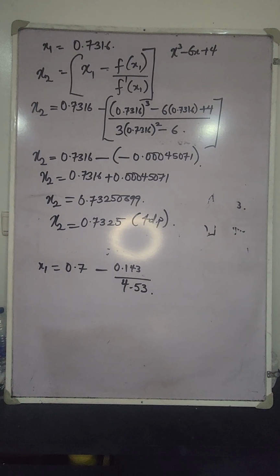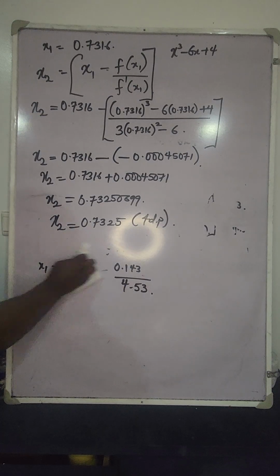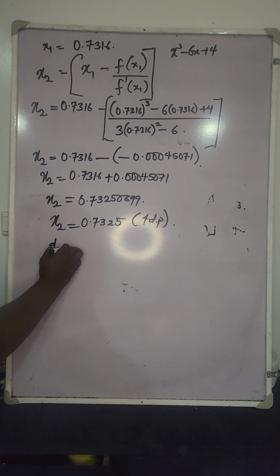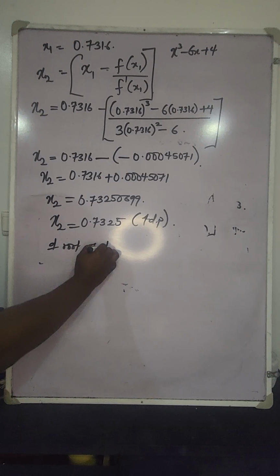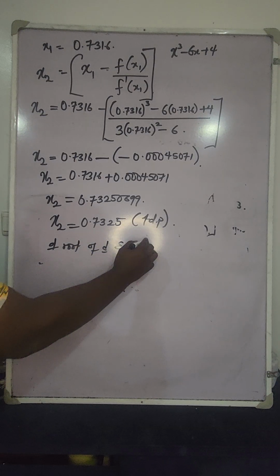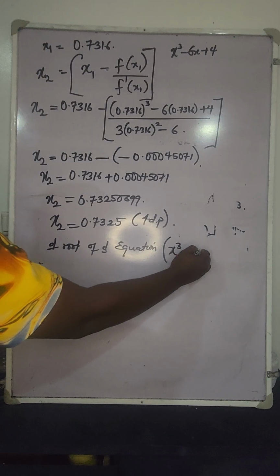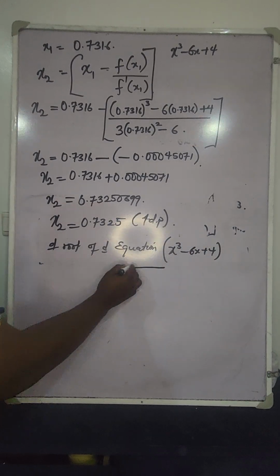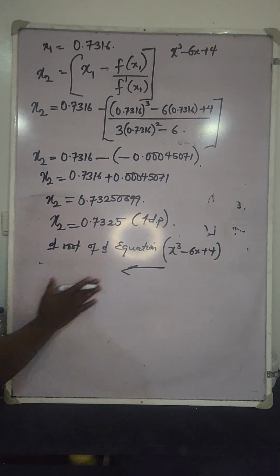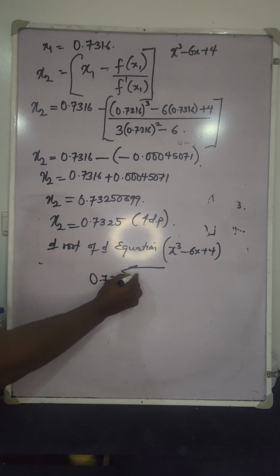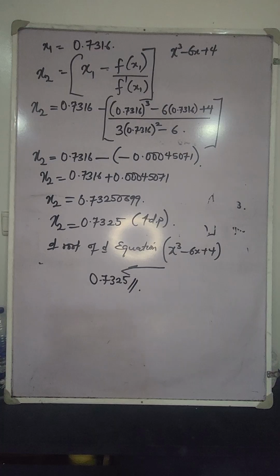Having said this, then you can now say that the root of the equation x to the power of 3 minus 6x plus 4 is 0.7325 to 4 decimal places. I hope that is clear.